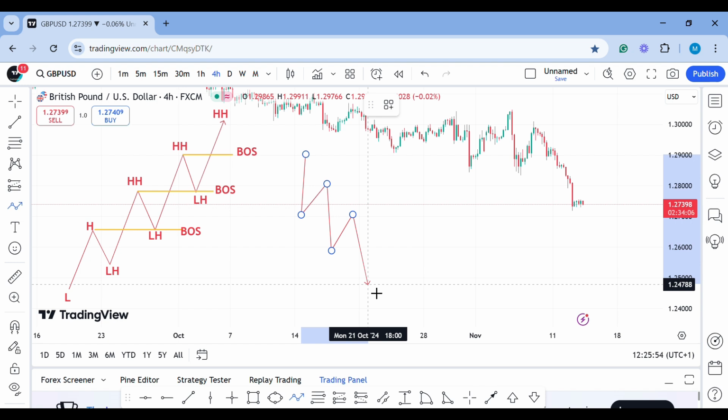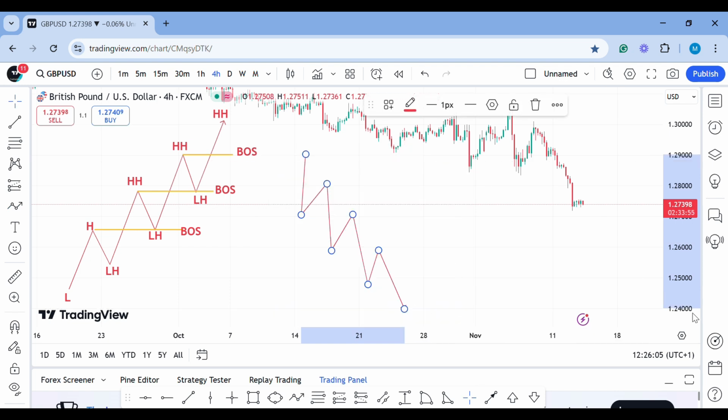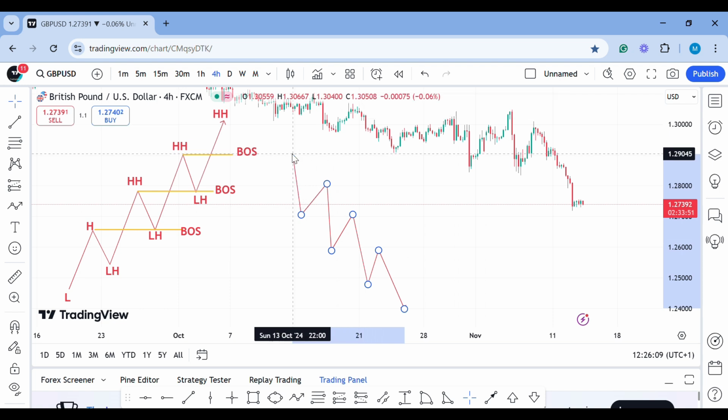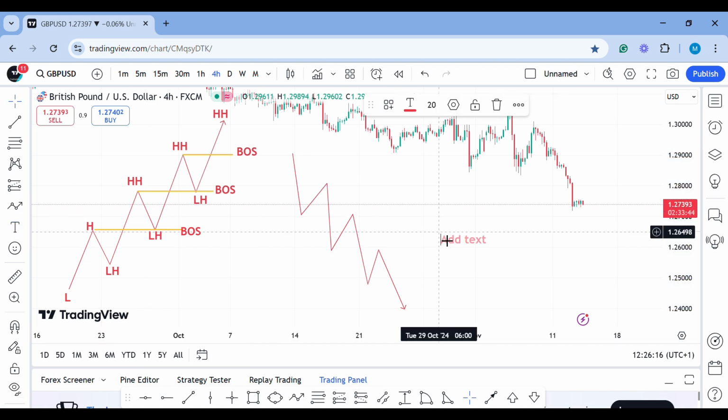You can either say higher low or lower high, whichever way you get it. So now, please pardon my structure, let's label it. We have to label it so that we understand it better.